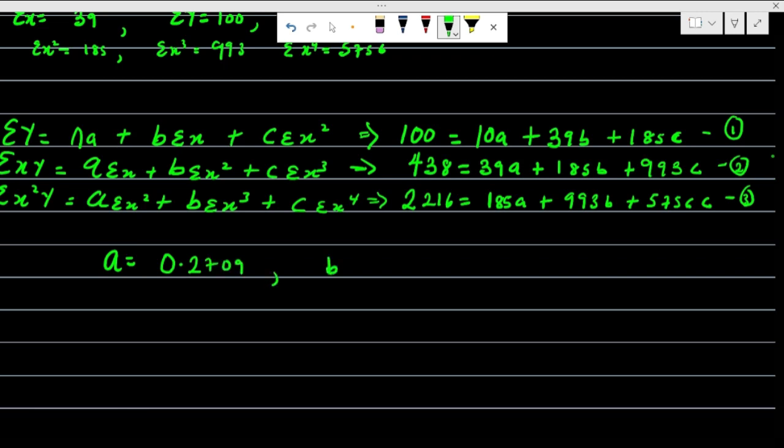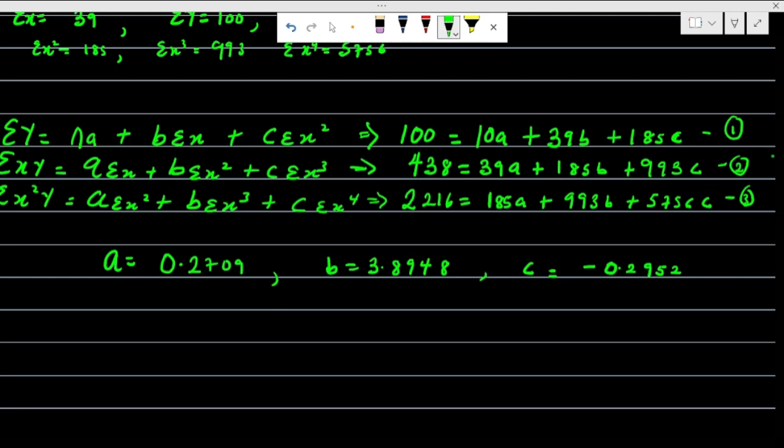Our value of B will be 3.8948. Our value of C will be equal to minus 0.2952.